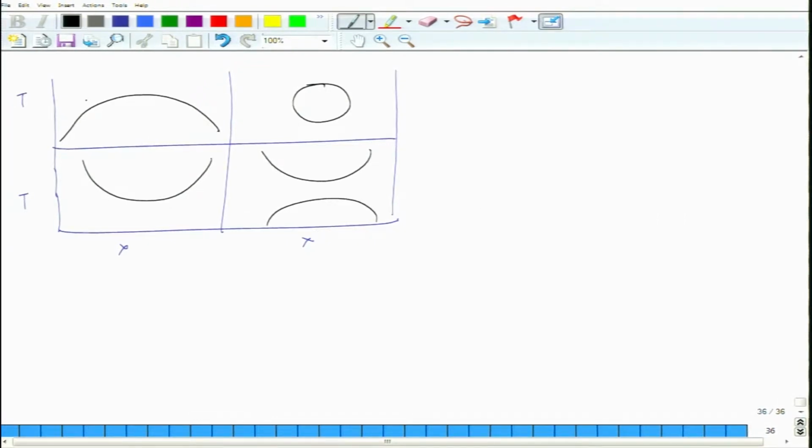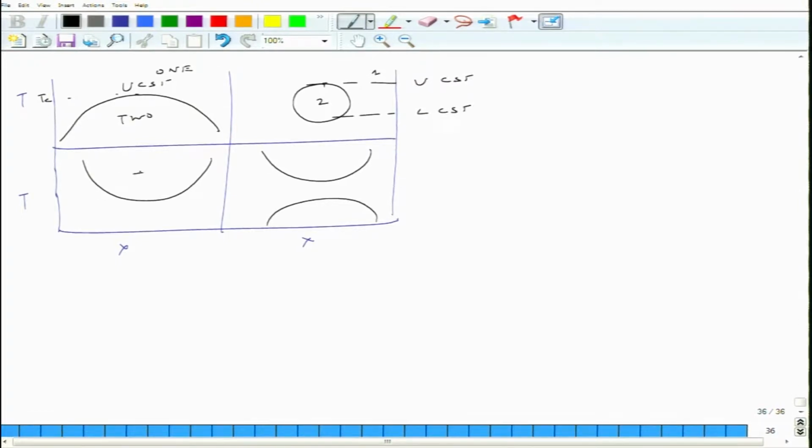So, in this case this is a two phase region, this is a one phase region, this is nothing but Tc, and this is called the upper critical solution temperature, UCST. This is again two phase, this is one phase. So here this is your UCST and this is your LCST.